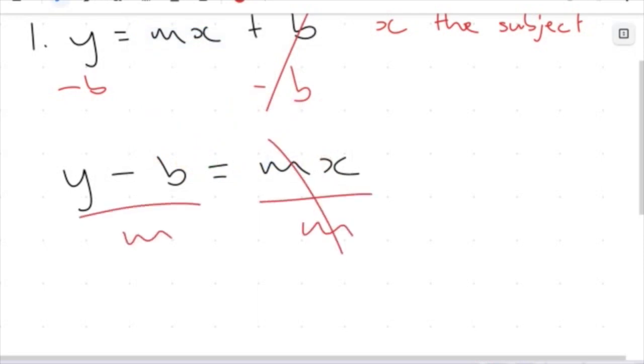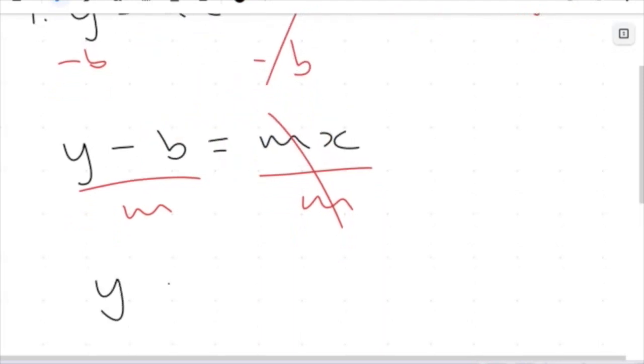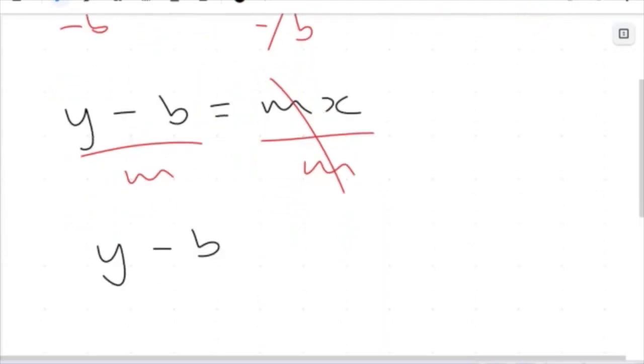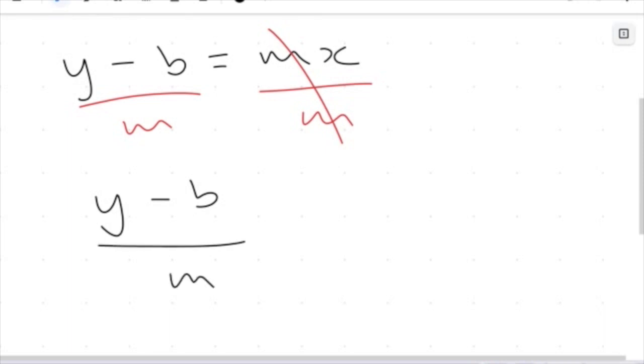Divide both sides by m to get our x on its own on the right hand side. So finally, I'm going to get y minus b all divided by m equals x. So we have isolated the x, we have made it the subject of the equation. We have it on its own, equaling everything else on the other side.